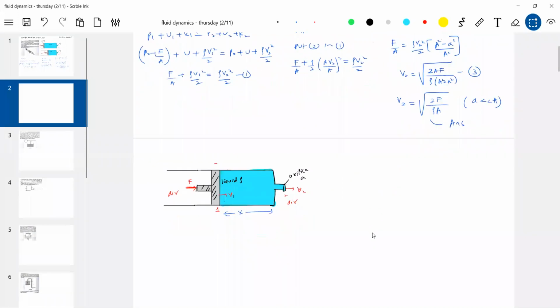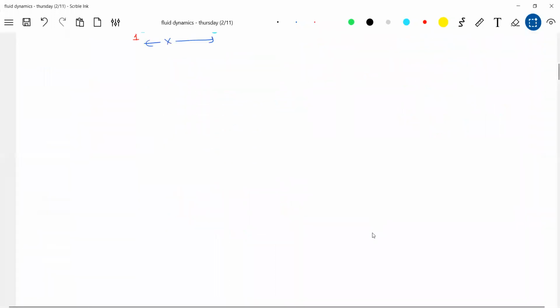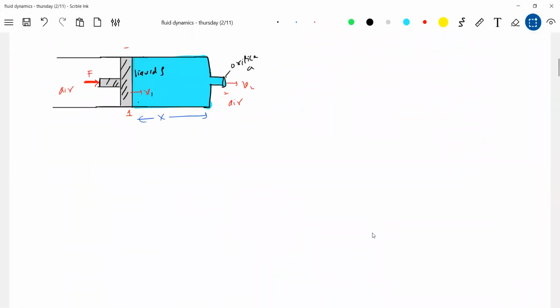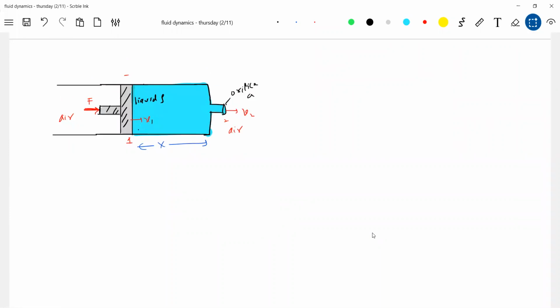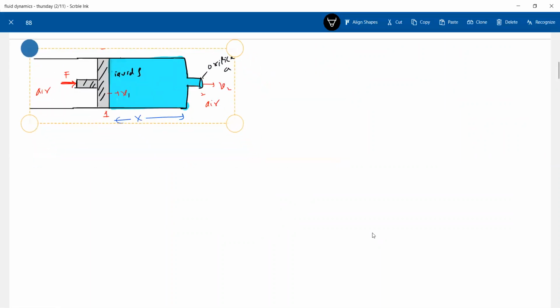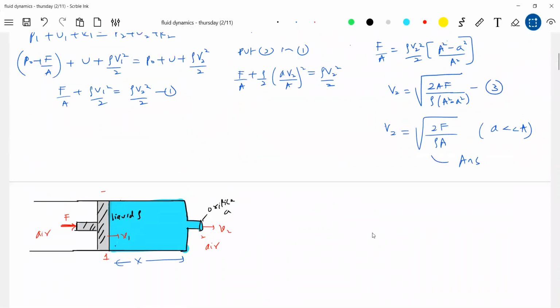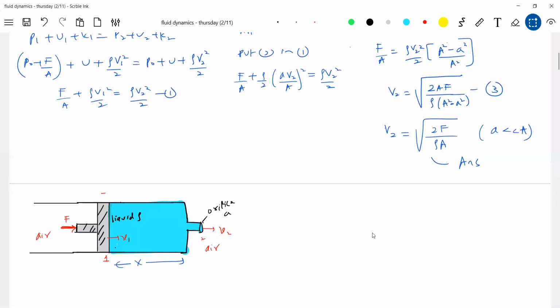Let V be the volume of the liquid. I think we need all these things. Okay, we'll keep these things in hand.